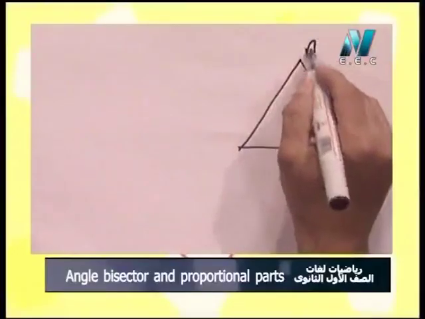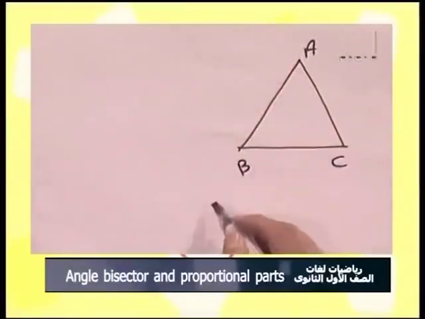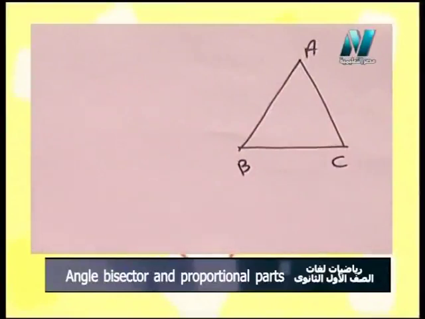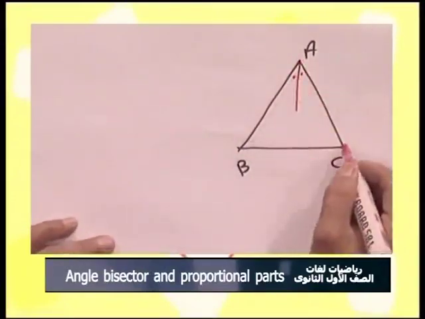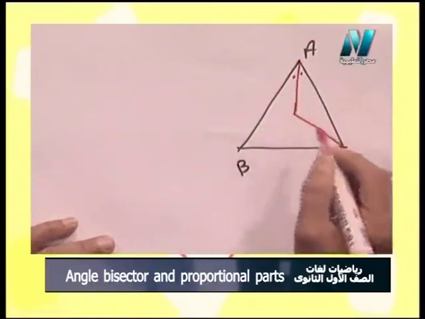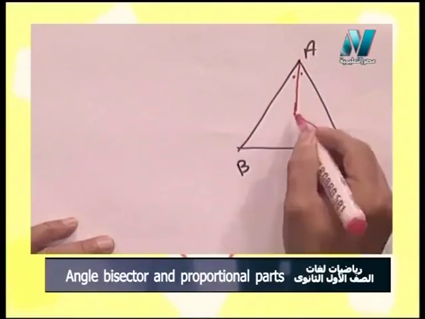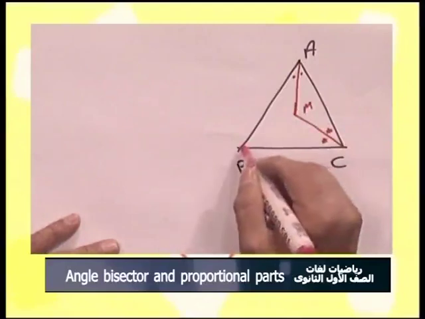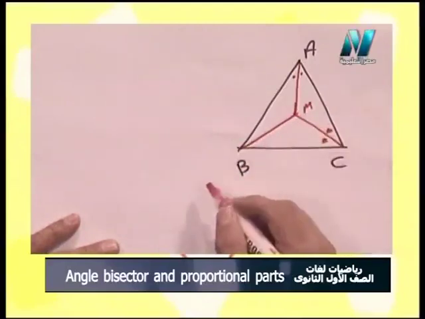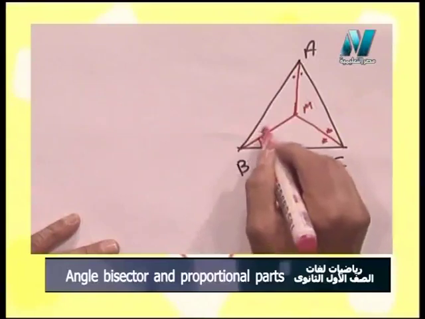We will go to a fact here. If we have a triangle here, look carefully with me. Triangle ABC, and we have a bisector of A here and another bisector for C, intersect at the point M. Then if we join BM here, it's also another bisector.